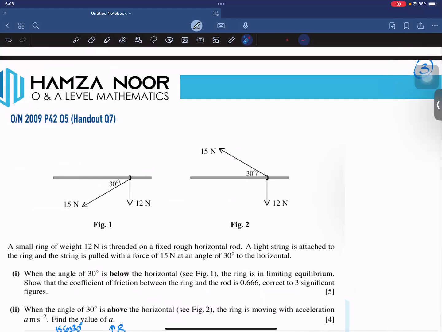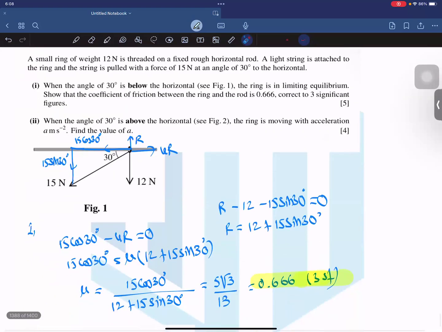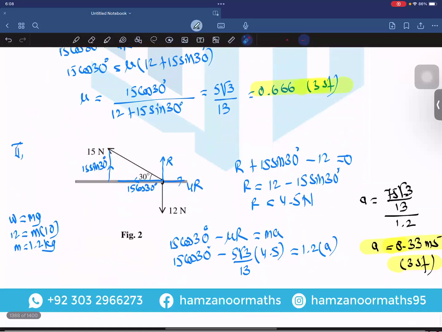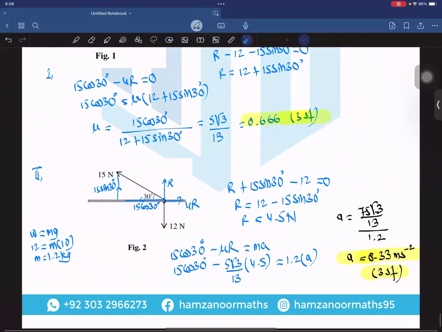It remains the same. What's going to change is the magnitude of the normal contact force. Mu is just the ratio of the frictional force to the normal contact force. So the coefficient of friction will remain the same.